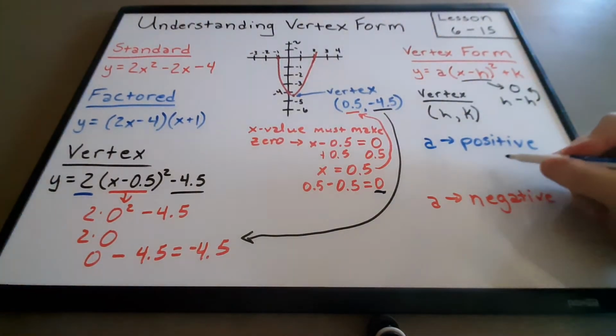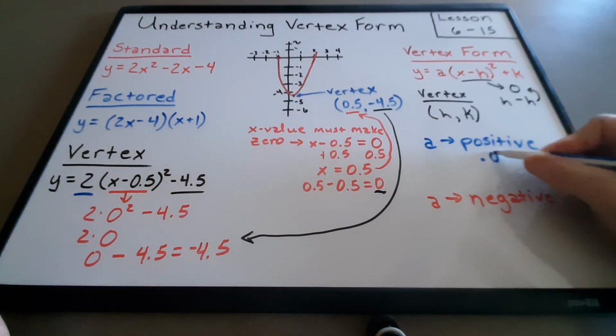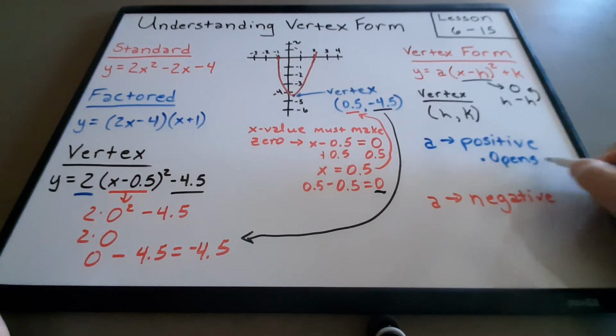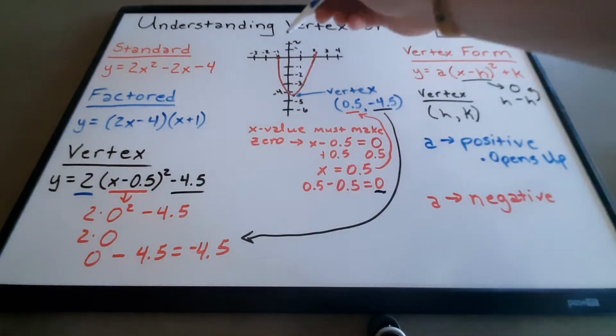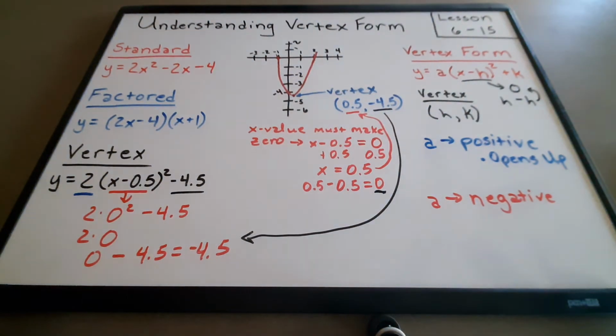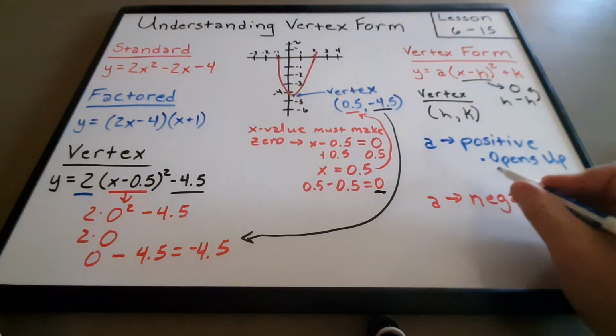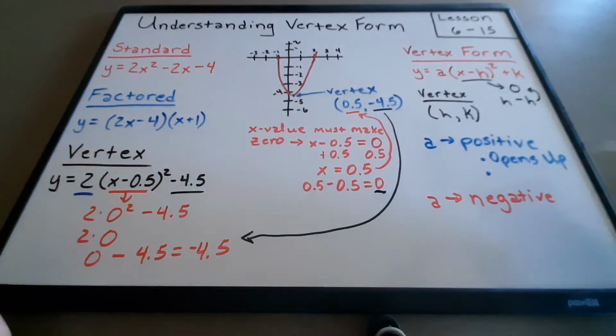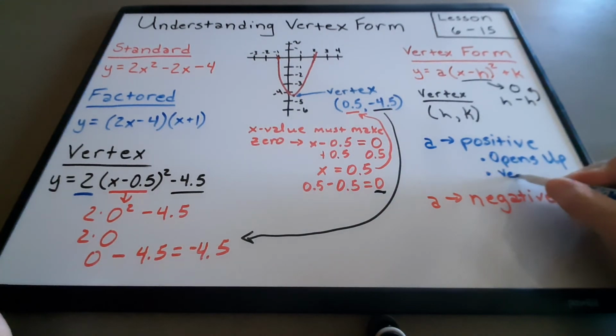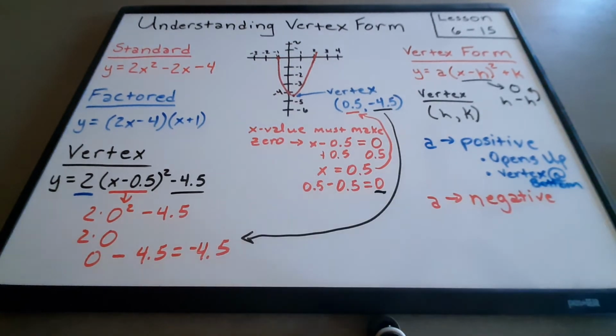So the first thing that the positive tells us is that our graph opens up. What that means is there's an opening at the top. Okay? It also tells us that at the bottom is the vertex. We'll look at what it's called when the vertex is at the bottom later, but right now, what's important is it opens up and the vertex is at the bottom.